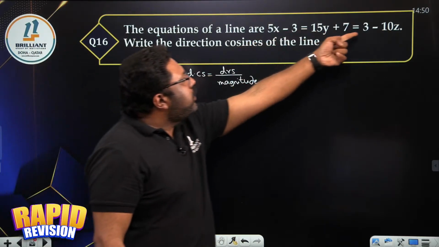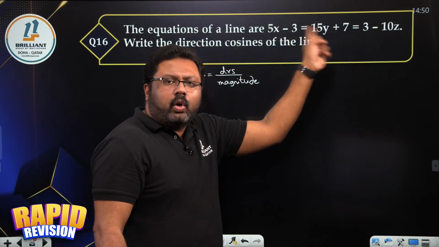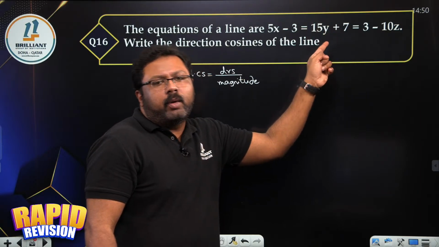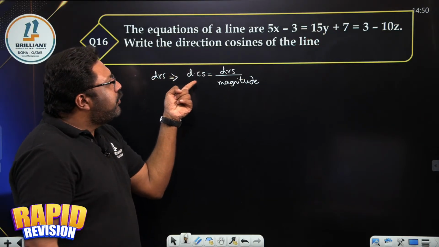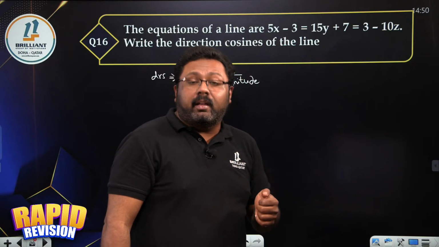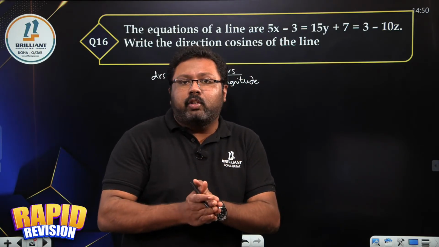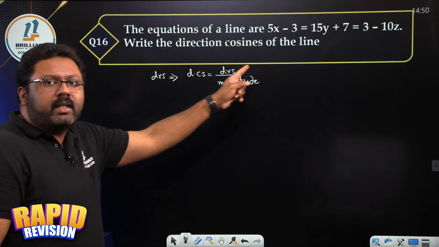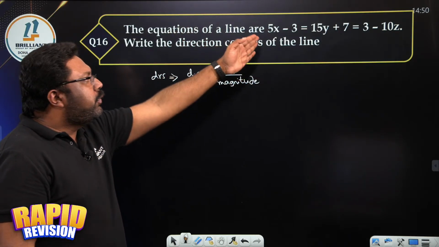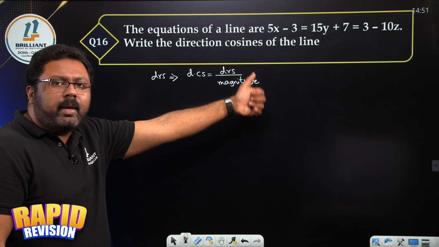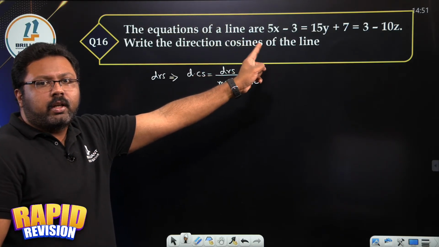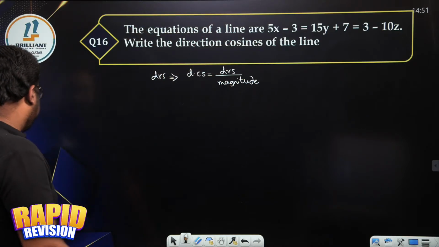I already taught you many times how to convert a line into its standard form, get the direction ratios and divide with its magnitude. You know how to find magnitude from the direction ratios. Just do it. Please practice this. It's like a textbook question. You've done this in class so many times maybe. It's a good question for 2 marks.